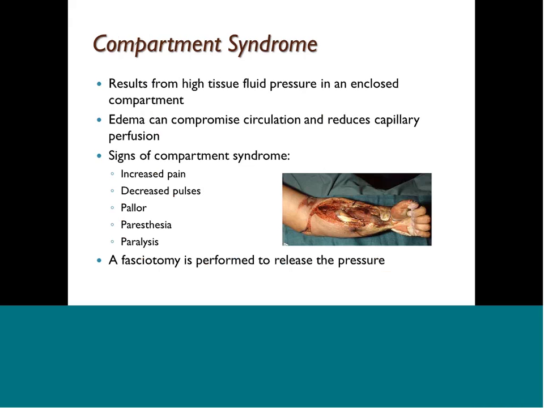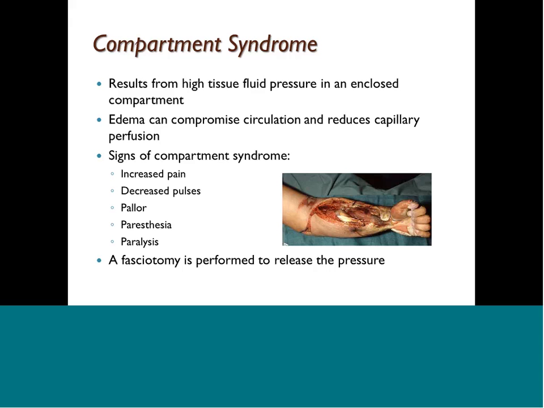That fascia does not give at all, so the muscles clamp down on the veins and arteries, and that's where you get the term compartment syndrome. That edema compromises the circulation and reduces capillary perfusion. Signs of compartment syndrome are the 5 Ps. You're going to have increased pain, decreased pulses, pallor to the area, paresthesia, and paralysis.